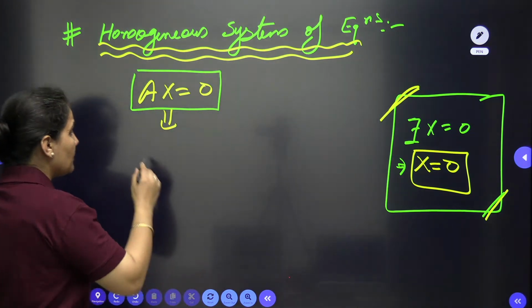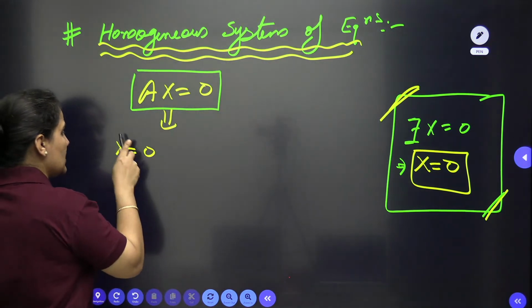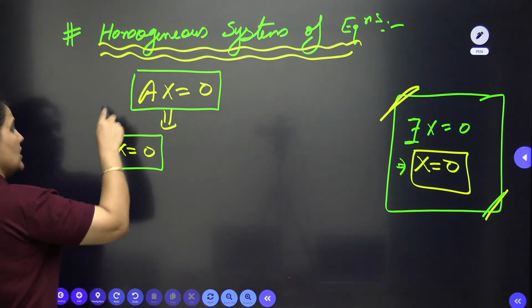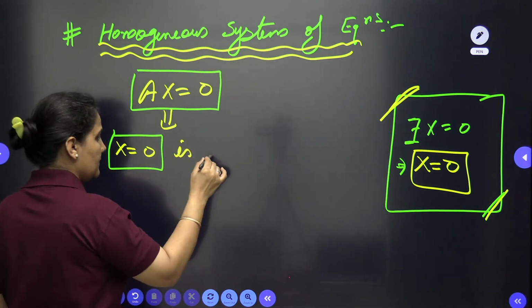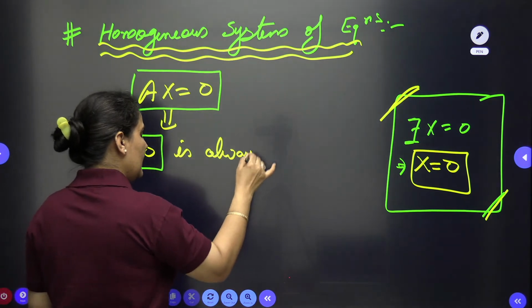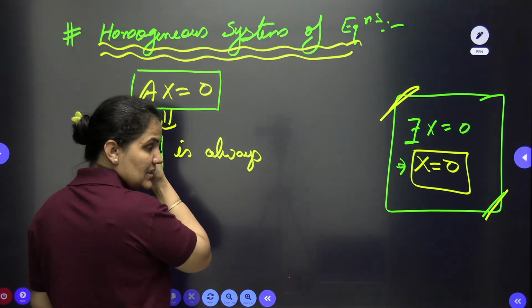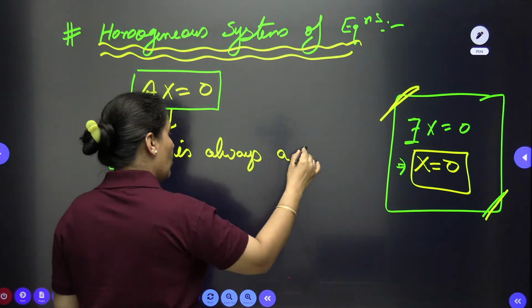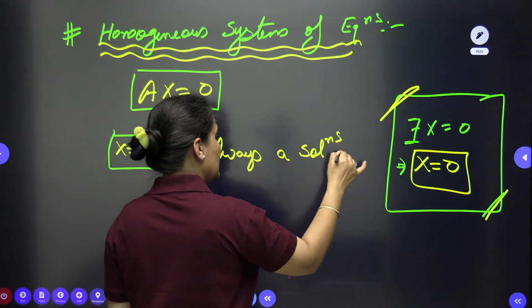Yes, definitely. Now the same thing if I ask you here, if I am having Ax is equals to 0, can I say x is equals to 0 is always a solution for this equation? Yes, 100%.